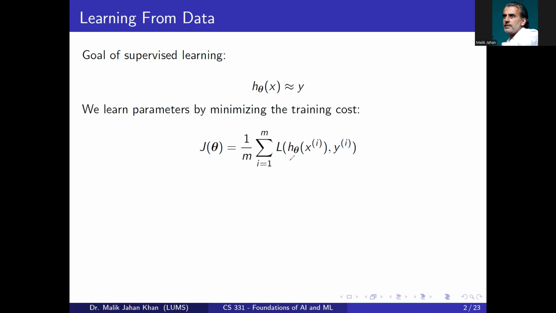So using that loss function, which compares the prediction and the ground truth of the training data, it computes one consolidated number which represents the cumulative loss if we use theta as the parameter, and that cumulative loss is for all examples in the training data set. In our notation, M is the number of data items in the training data.